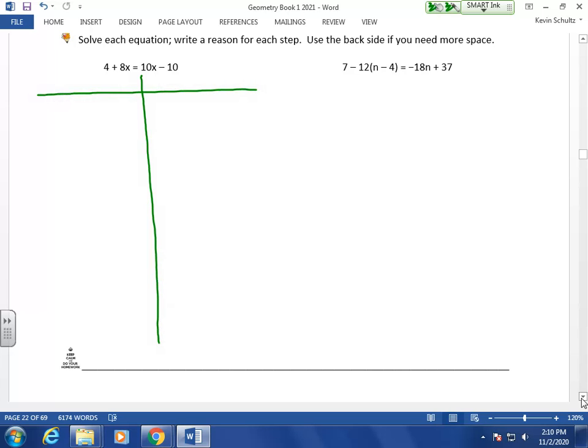okay? And the left column is the statement, and the right column is the reason. Okay? You can think about this as a hypothesis and a conclusion type of thing. Right?